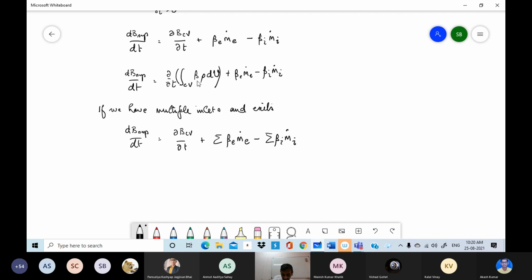So for an element dV, the value of the quantity capital B would be beta into the mass of the element, and the mass of the element is rho dV. If I integrate this over the entire control volume, that will give me BCV.